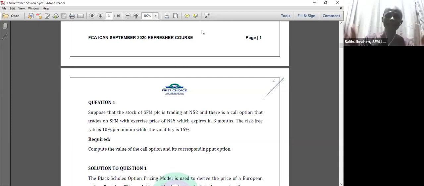Now, a put option, on the other hand, gives the holder of that option the right to sell the underlying item at a future time. It therefore means that if you want to sell a particular item in the future and you fear that the price will have dropped, what can you do?